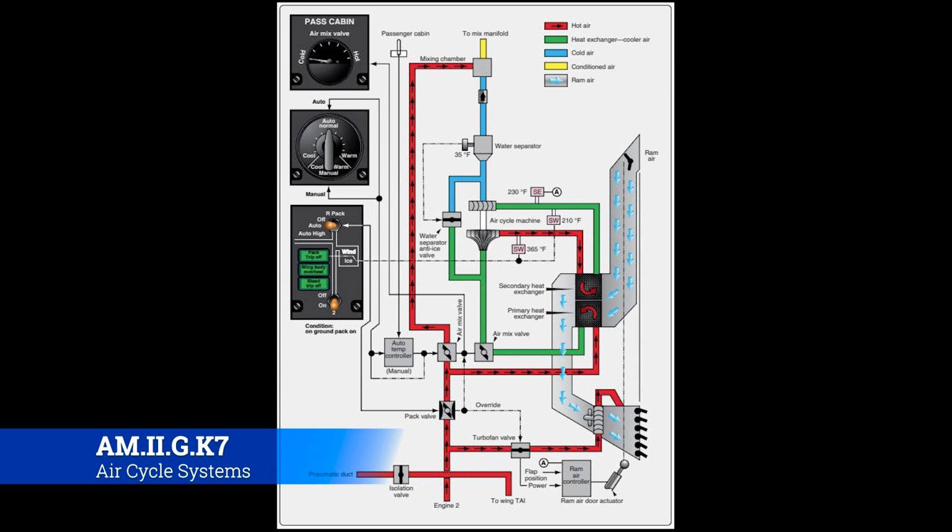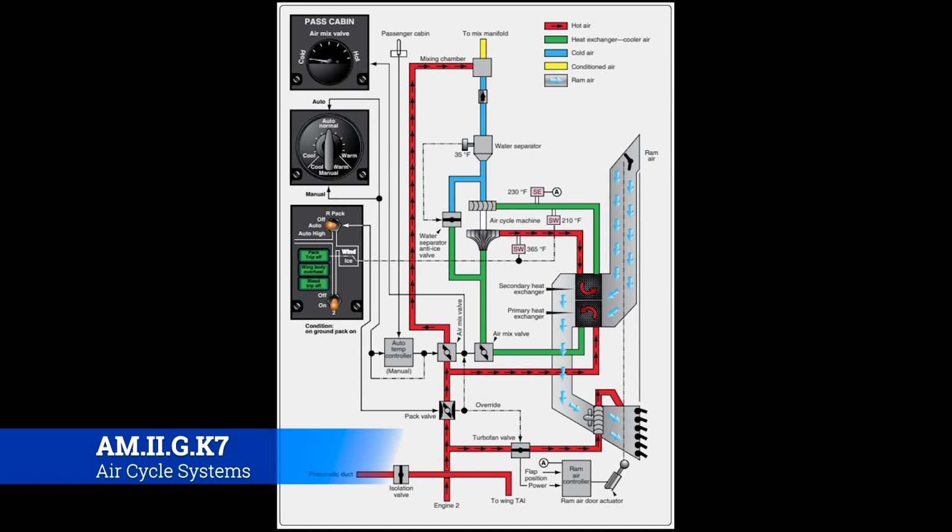And then once you open the pack valve, the hot air is going to come in, and it's going to mix with the ram air. Now, some of that is going to go overboard. Actually, the majority of it's probably going to go overboard because it's taken in so much. But some of it is going to get piped into the system, where it's either going to come into the air mix valve or it's going to go right to the compressor, one of the two.